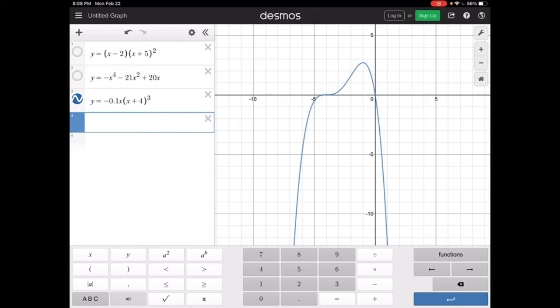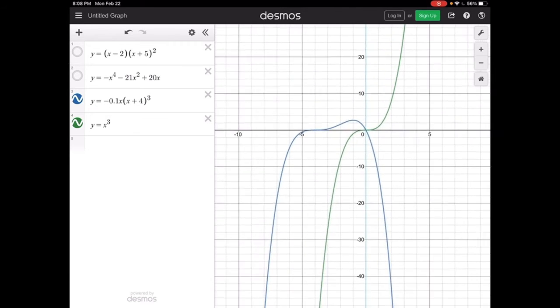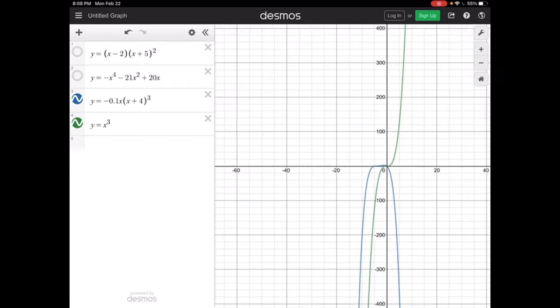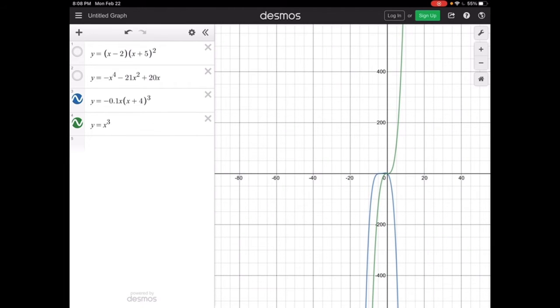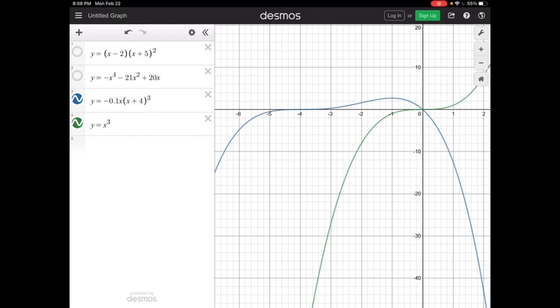I'm going to bring your attention back to this y equals x to the third function, because this is a parent function, this green one. And if you look, especially if I zoom out, it's very similar to what happens in this area.